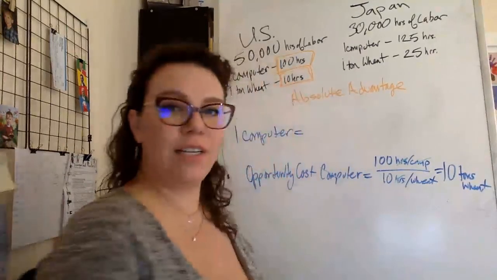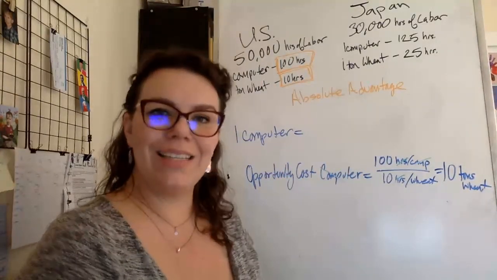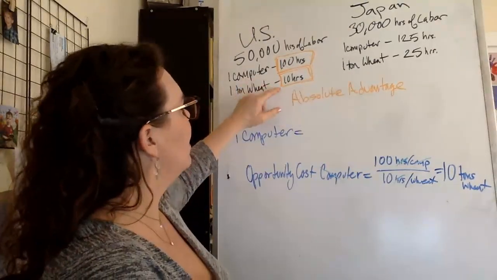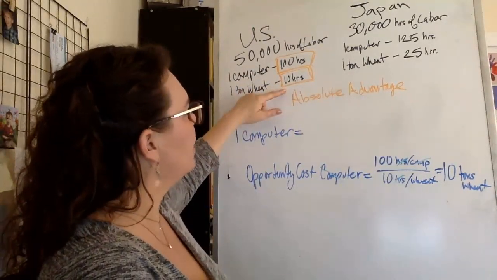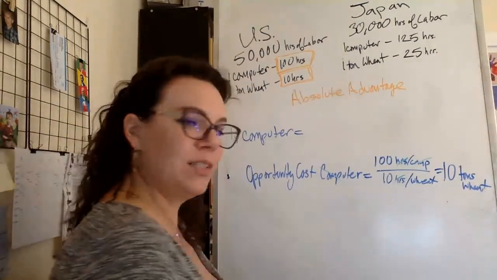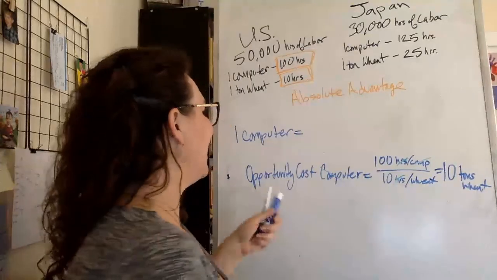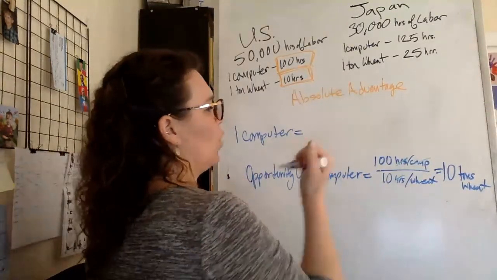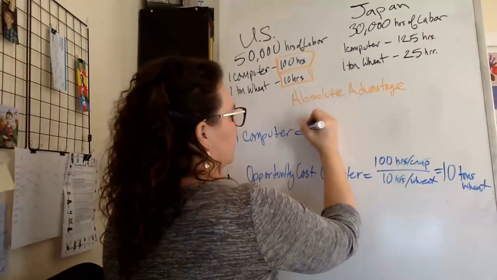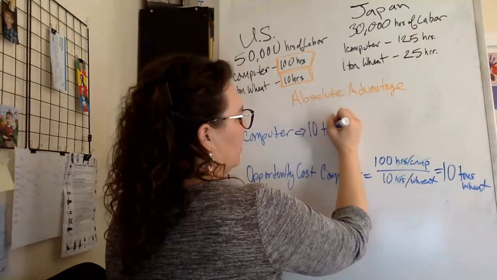So the opportunity cost of one computer is 10 tons of wheat. Another way to look at it is say, okay, well, it takes 10 hours to make a ton of wheat. 10 goes into 100, 10 times, and that's pretty straightforward. It gets a little more confusing when we have a little bit more complicated stuff. So the opportunity cost of a computer is 10 tons of wheat.